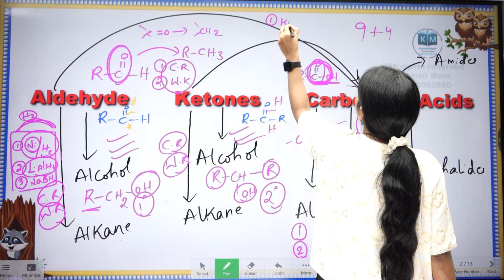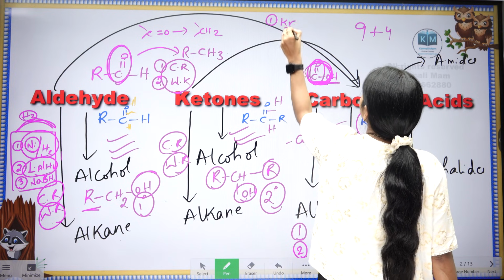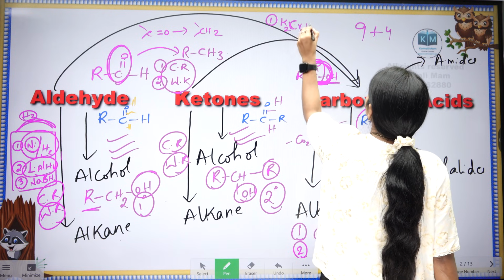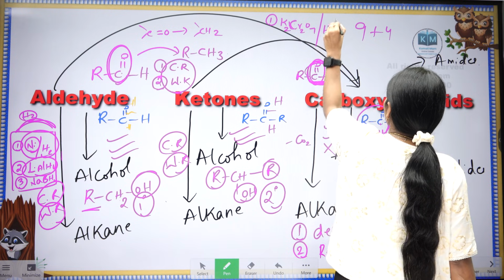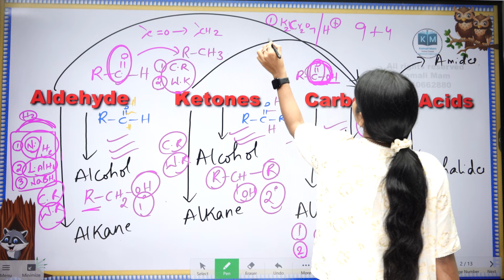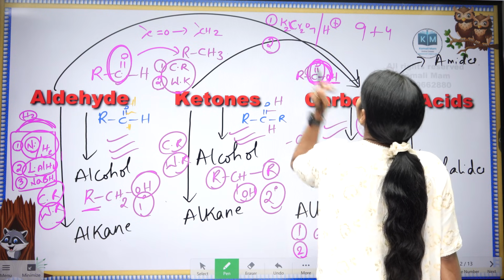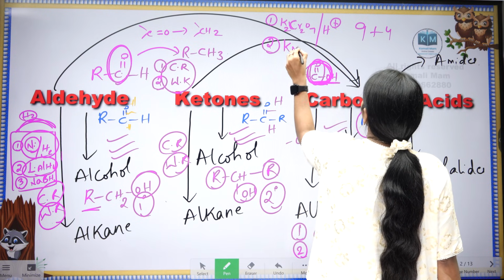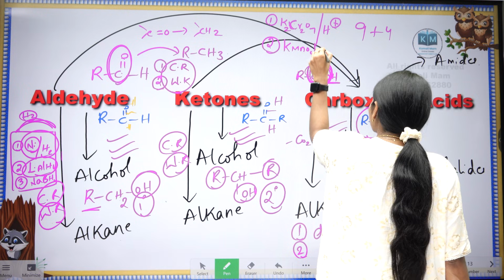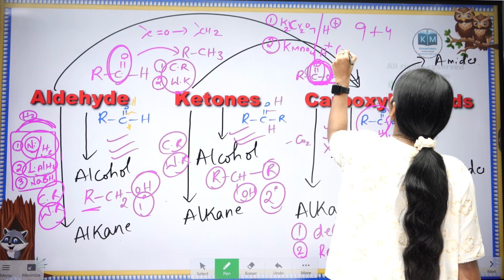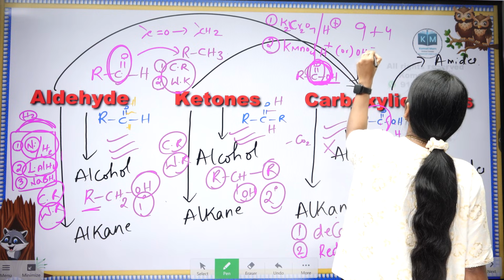One, K2Cr2O7, potassium dichromate in acidic medium, one reaction. Second one, KMnO4 in acidic medium or basic medium. This is one reaction.